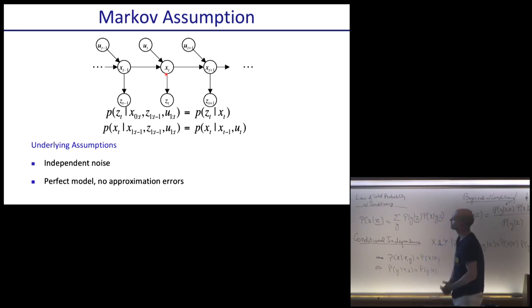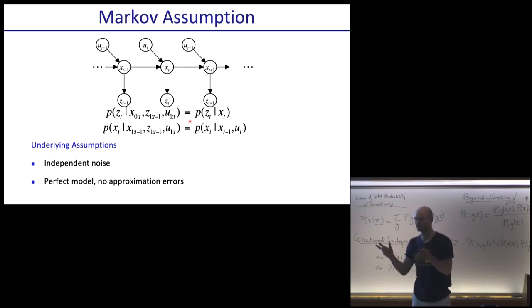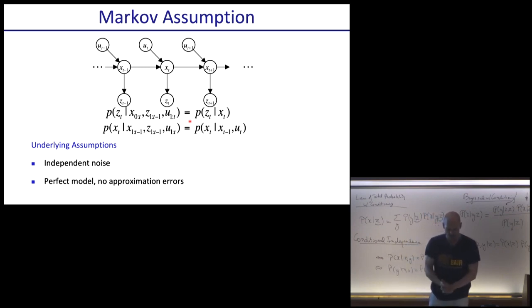So the underlying assumptions are independent noise, meaning that if you had, let's say, a deterministic model plus noise, the plus-noise effect is independent at different times. And it also assumes that if you're going to say whatever I get out of these calculations is the correct distribution, that's only true if these assumptions are correct.